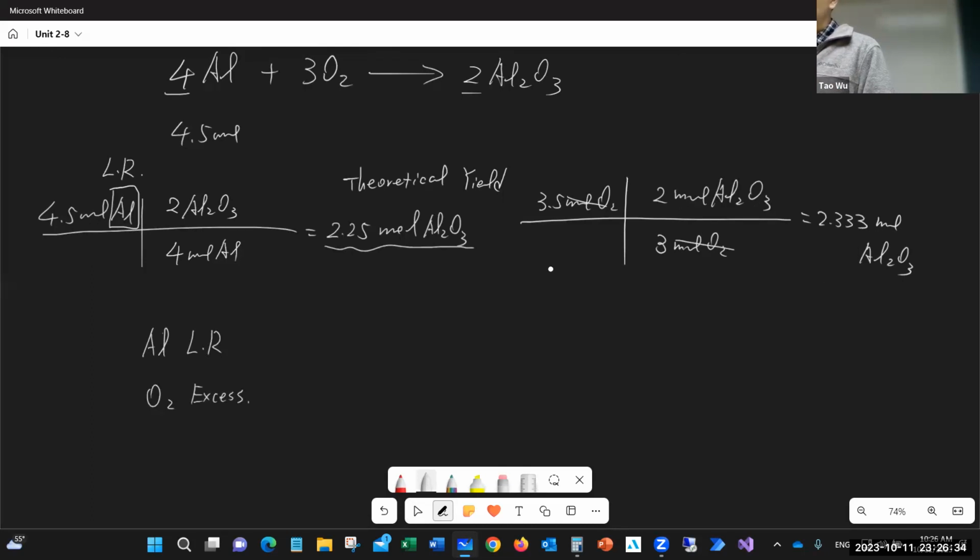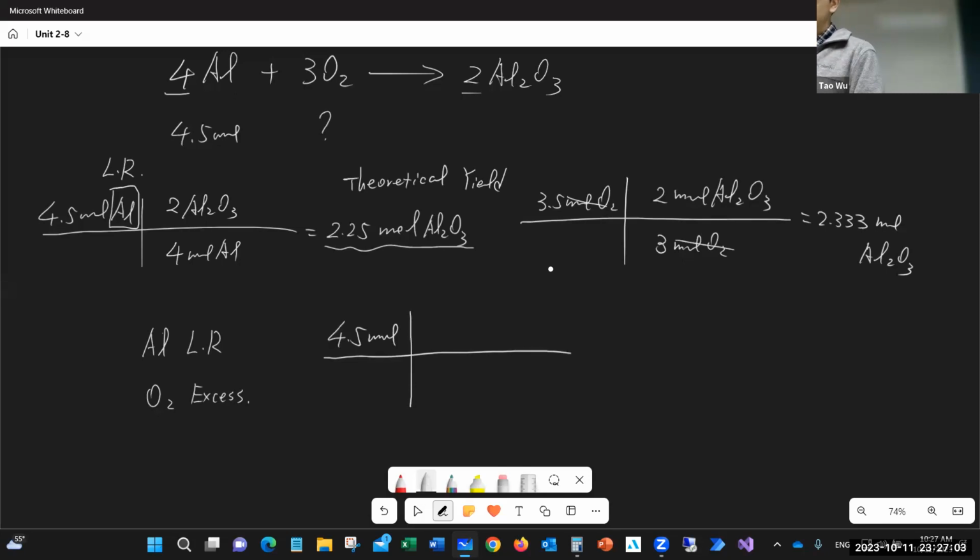So if we use up all the aluminum, we still have some leftover oxygen. Then they just try to figure out what the leftover is. We want to know, if we use up all the aluminum, how many moles of oxygen will be used, and then the leftover will be the excess.